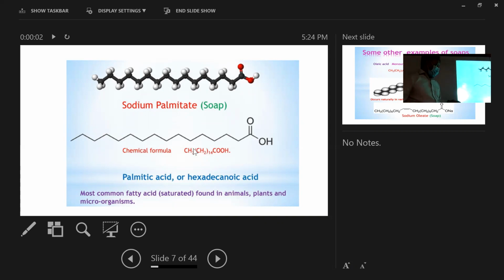We collect the fatty acid or fat from different types of animals or sometimes some vegetables. So most common fatty acids are saturated. That means just like this one, having no double bonds. Carbon-carbon, no double or triple bonds, no multiple bonds. So that is saturated, found in animals, plants and microorganisms. We can have it in animals or plants, but sometimes in microorganisms also.